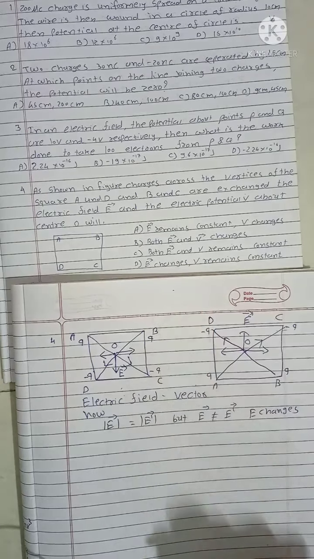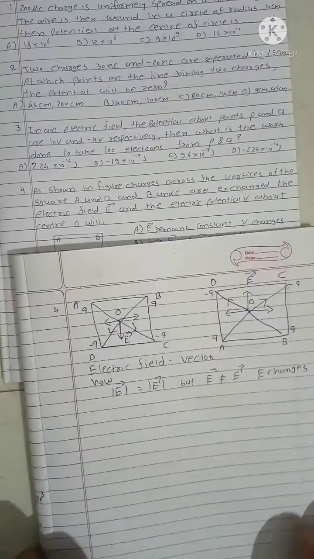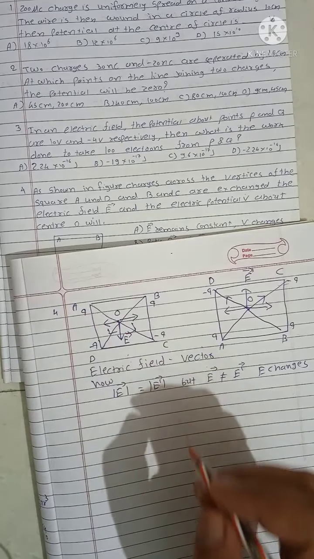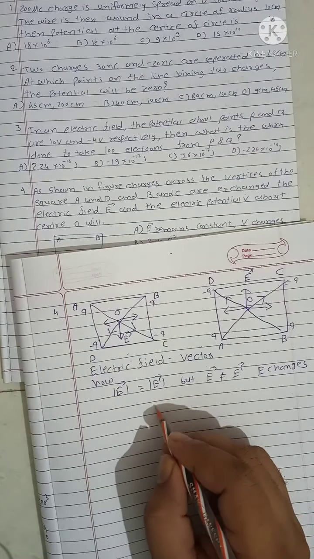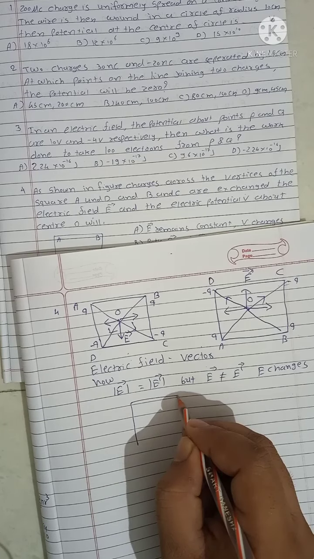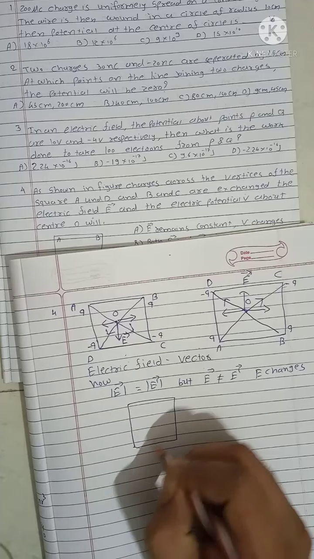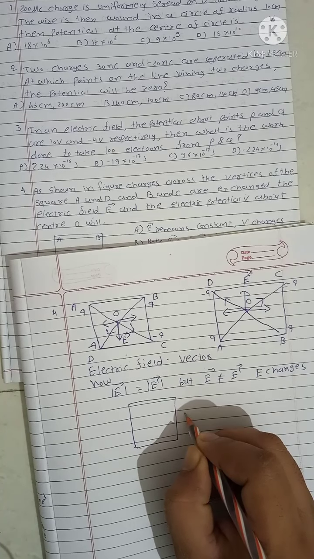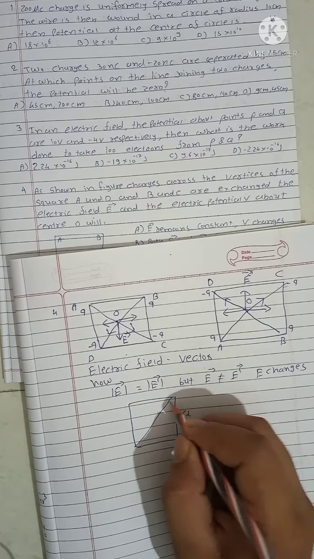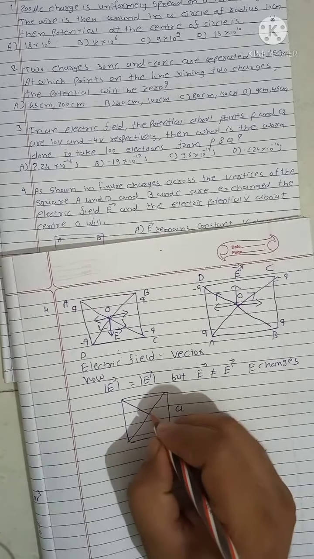So now we have to find the potential. Before calculating the potential, let's see the distance from the center to any vertex. Consider the length of the square to be a.